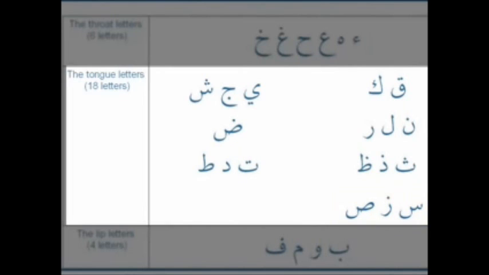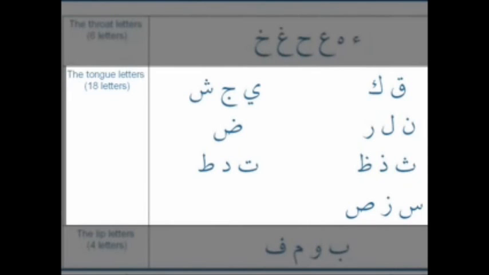Okay, so again they're actually grouped according to where they come from. So even though they're all using the tongue, the qaf and the kaf come from one area, the ya, jim, sheen all come from one area, the noon, lam, ra come from one area, the dad is on its own in the way it's pronounced, the tha, dhal, and the dha come from one area, the ta, dal, and tha come from another area but all together.